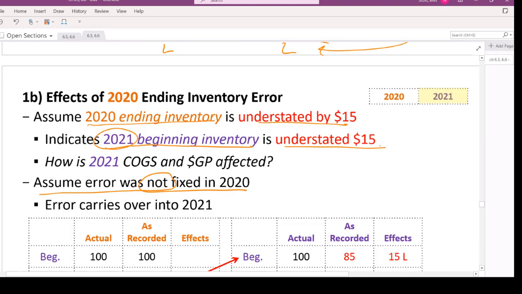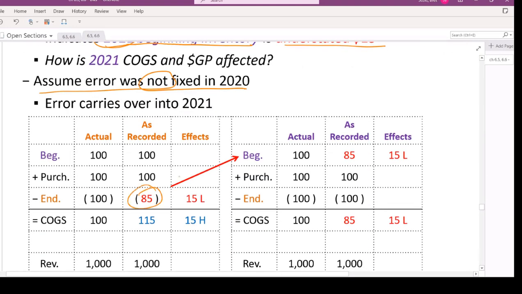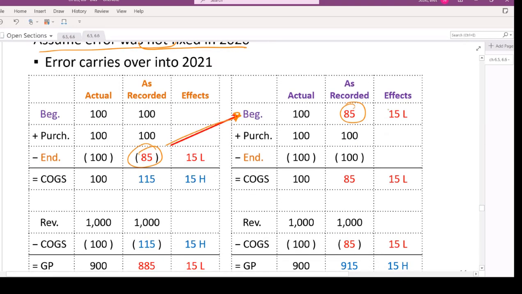We didn't check to see if the count was accurate, so we ended with a bad number. Now we're starting the next year with a bad number. In other words, we just take this amount and we start the next year not with what should be the case, but what we actually thought was correct. Beginning inventory in this case, in 2021, is going to be 15 too low.